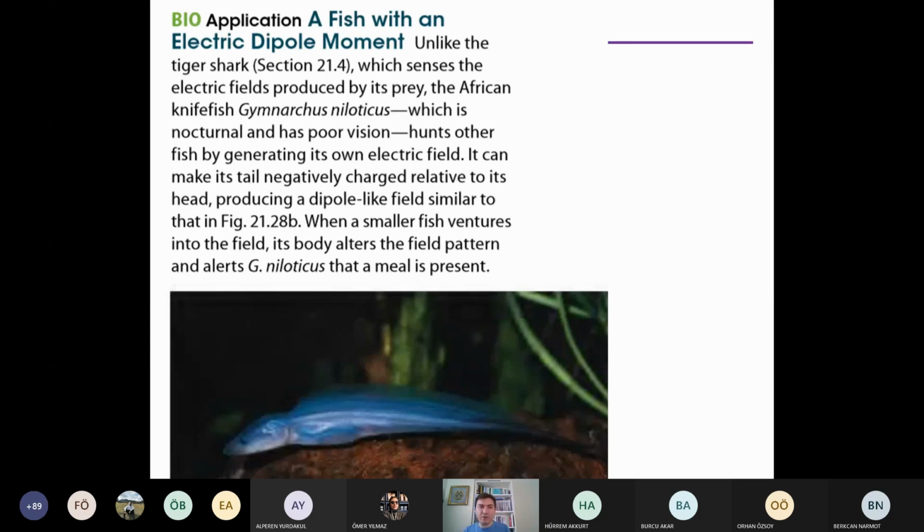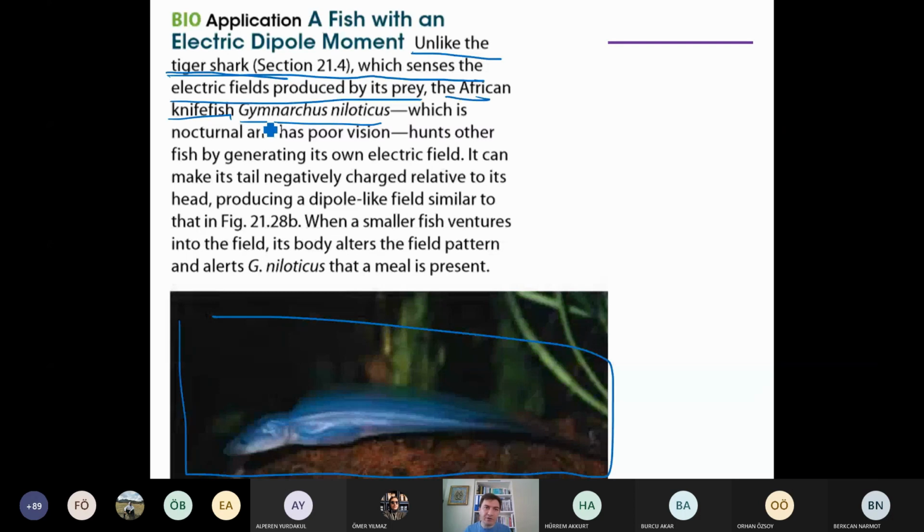Unlike the tiger shark, which we have seen in the previous transparencies, which senses the electric fields produced by its prey, the African knife fish, this one, is nocturnal and has poor vision. The African knife fish hunts other fish by generating its own electric field.